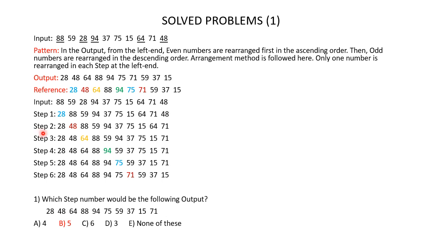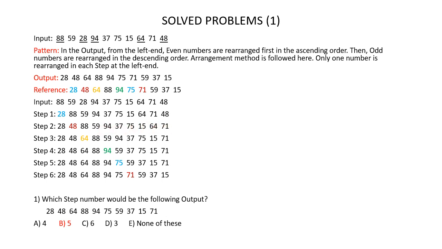Now for step 2, write 28 in the same position as in step 1. The next number to be rearranged in step 2 will be the next number in the reference line, which is 48. So 48 is written in the second position in step 2. The rest of the numbers of step 1 are written as they are in the same order.